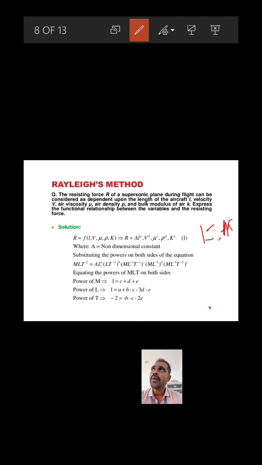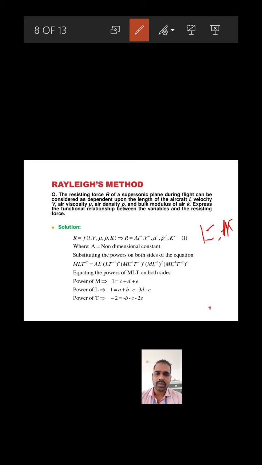So you have to form an equation with respect to R, right? R is the dependent variable, which is equal to a function of length, velocity, mu, rho, K. That is nothing but the functional relationship between dependent and independent variables. So in exponential form, R equals a constant, either capital A is given here or you can put pi, that's good, right?